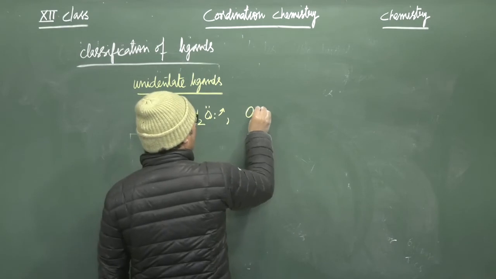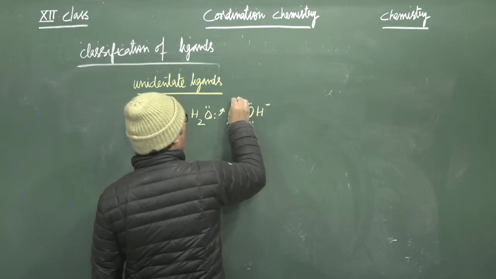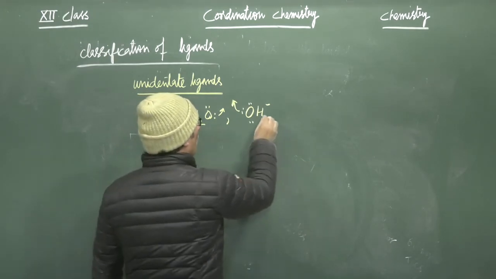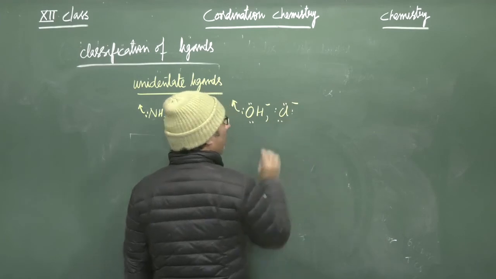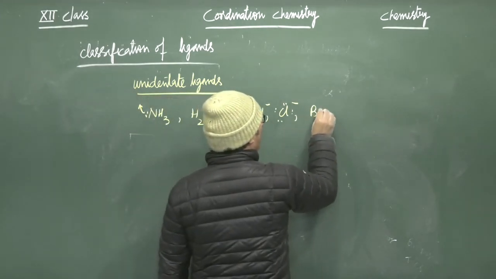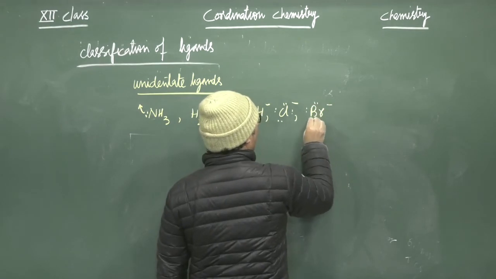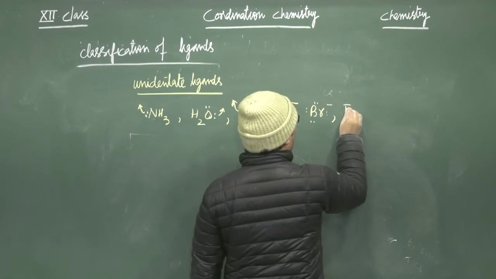Then hydroxide ion. Oxygen is the donor. The chloride ion, Cl negative. This is the bromide ion, Br negative. The fluoride ion, F negative.